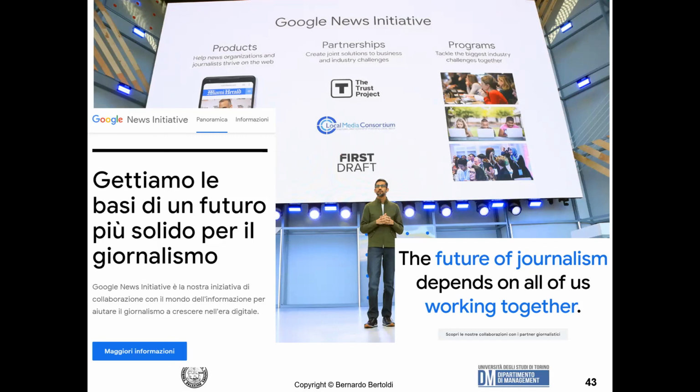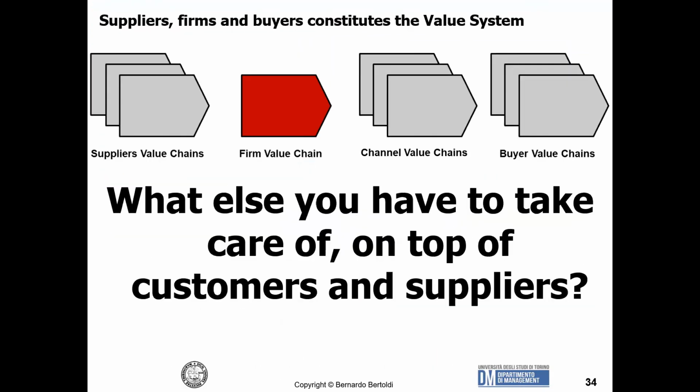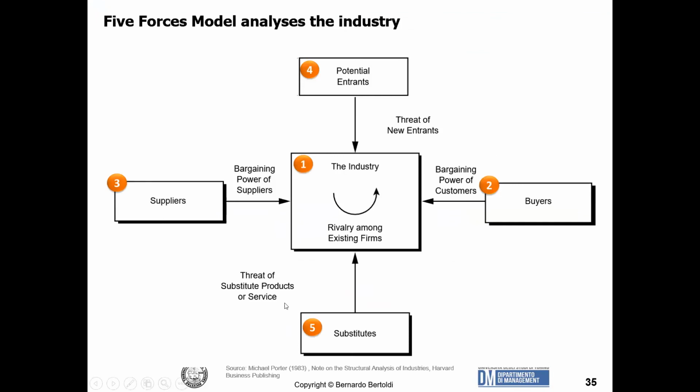So there is an issue in being in the news industry and having to compete with this big competitor who is using a different industry structure, different technology, and a different pricing strategy, and so on. But in the end, if you are in the news industry, having used the five forces model since the beginning, you should have spotted the idea of Google being a substitute.